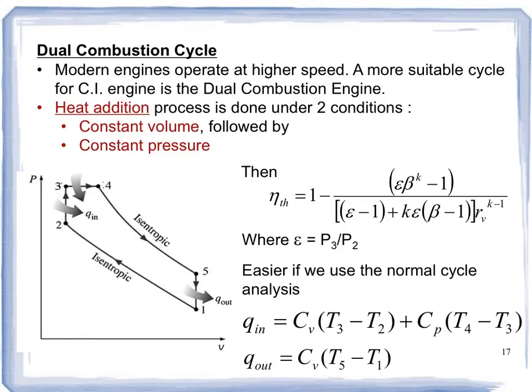So when you want to analyze the thermal cycle efficiency, it is the same thing, which is 1 minus Q out over Q in. But now you have Q in from two systems. One is constant volume heat addition, where you have state 3 and 2, and the other one is constant pressure heat addition, which is in between state 4 to 3.